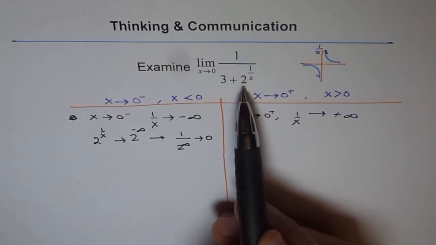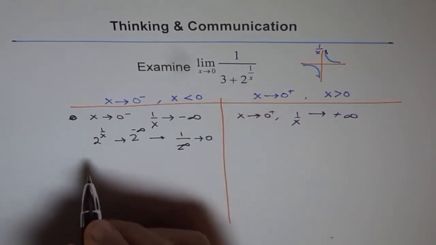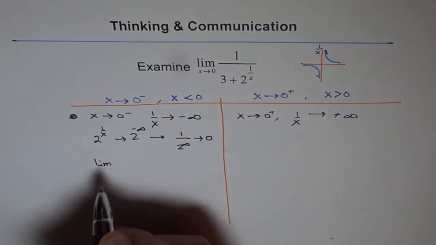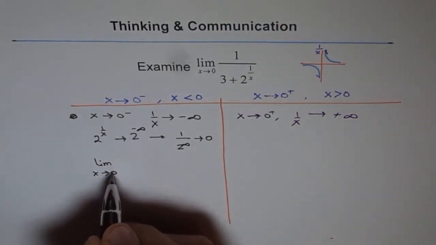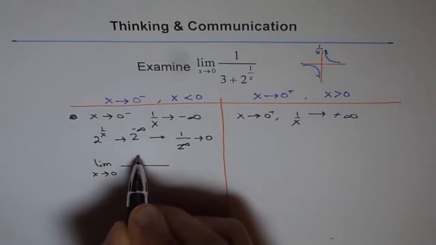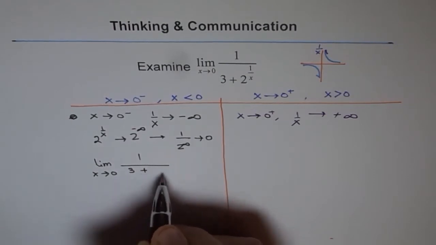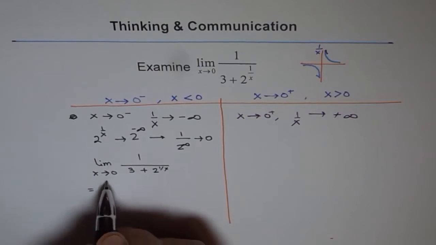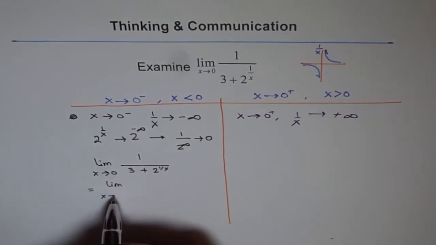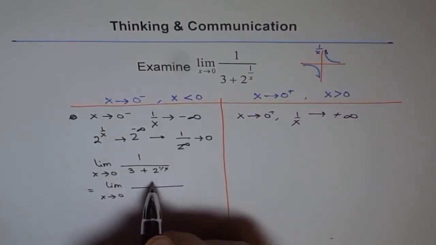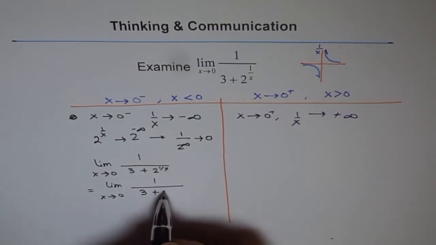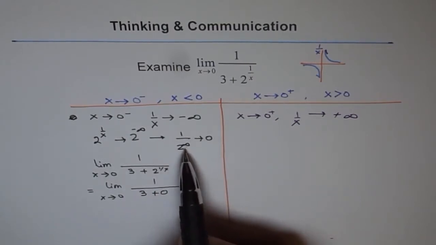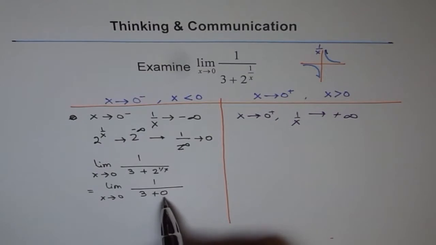And therefore, our question now becomes the limit as x approaches 0 of 1 over 3 plus 2 to the power of 1 over x. This was the question. And now it becomes the limit as x approaches 0 of 1 over 3 plus 0, because 2 to the power of minus infinity becomes 0.